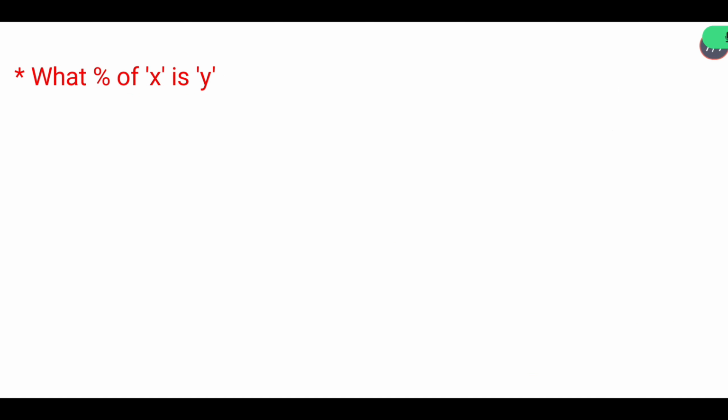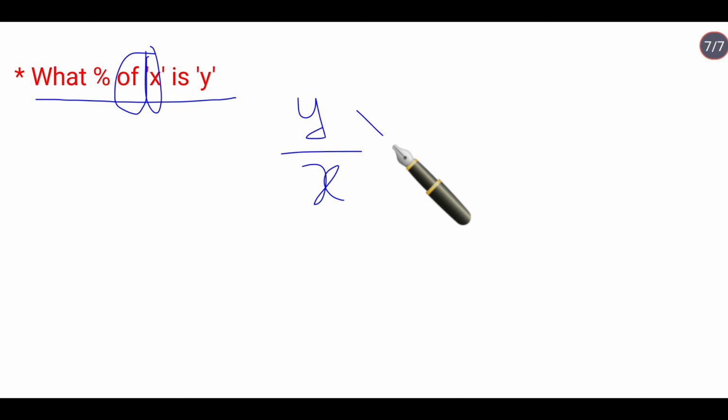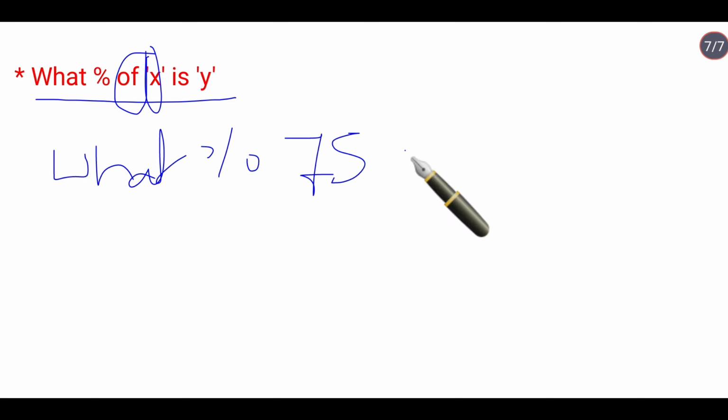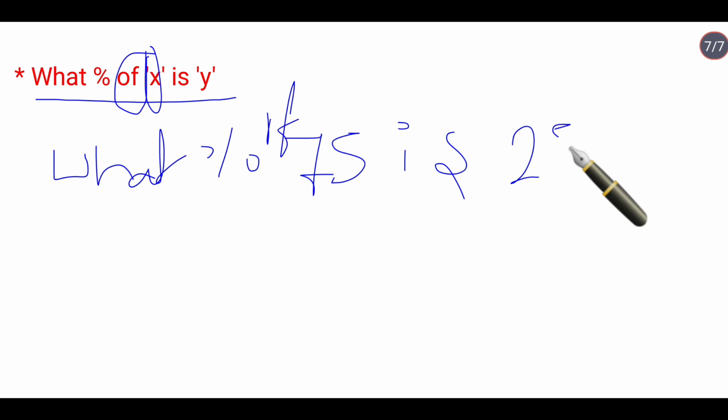If the question is like what percent of x is y, here the value after of is x. So x should be in the denominator and the remaining value y should be in the numerator. Y by x into 100. Let's solve one problem. What percentage of 75 is 25?